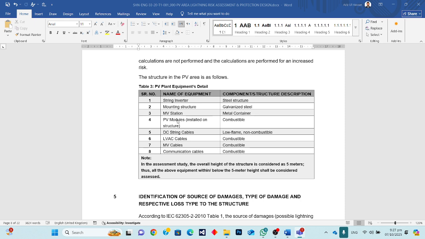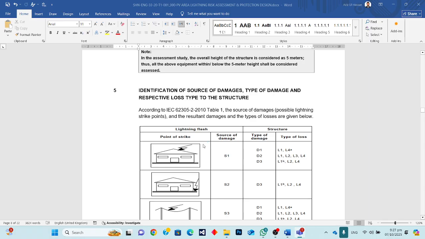So that's why we have considered the 5 meter height. Then the overall area is protected through this lightning protection study. Then we move on to the next step, which is related to the identification of the sources of damage, type of damage, and respective loss type. Yes, Miss Patricia, go ahead.